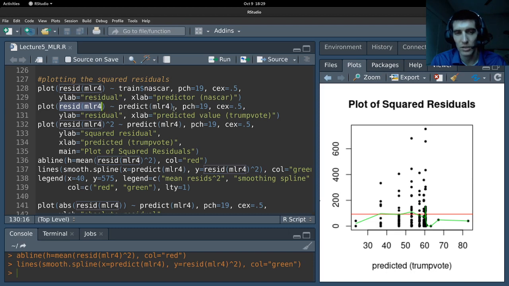We can plot against any one of the predictors, but the predicted values are one way that we can plot against it. We can plot residuals in a multiple linear regression model. We can always just plot against the y hat value, since the y hat value is always univariate.